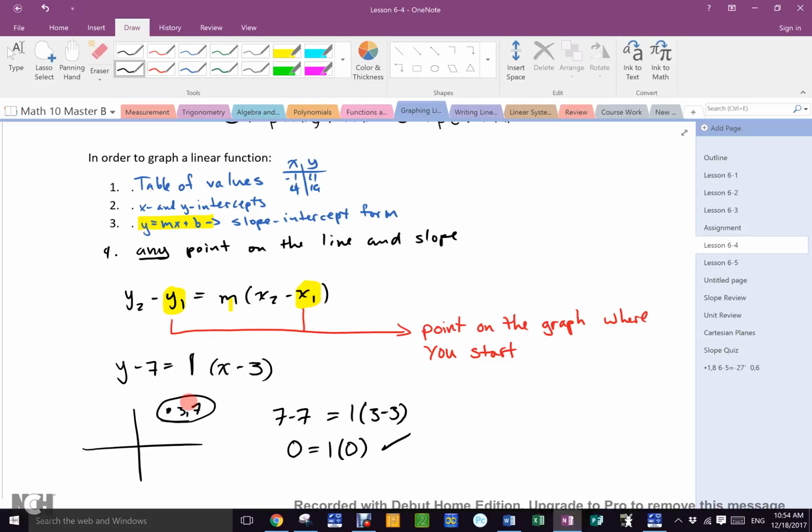Right? So this is saying negative. It's the opposite of whatever y1 is. Does everybody understand? So the hint, like Carlin just said, is the point on the graph where you start, but you have to remember to switch the sign.